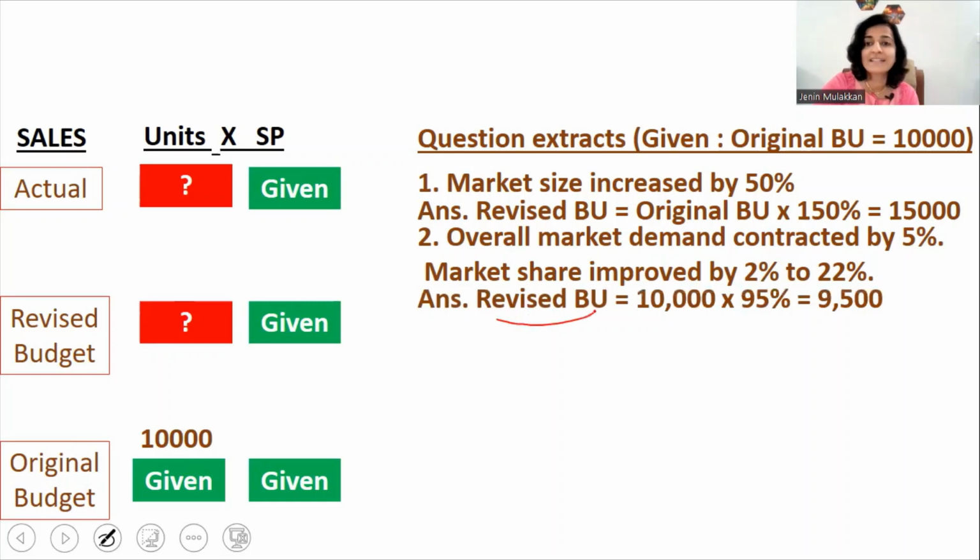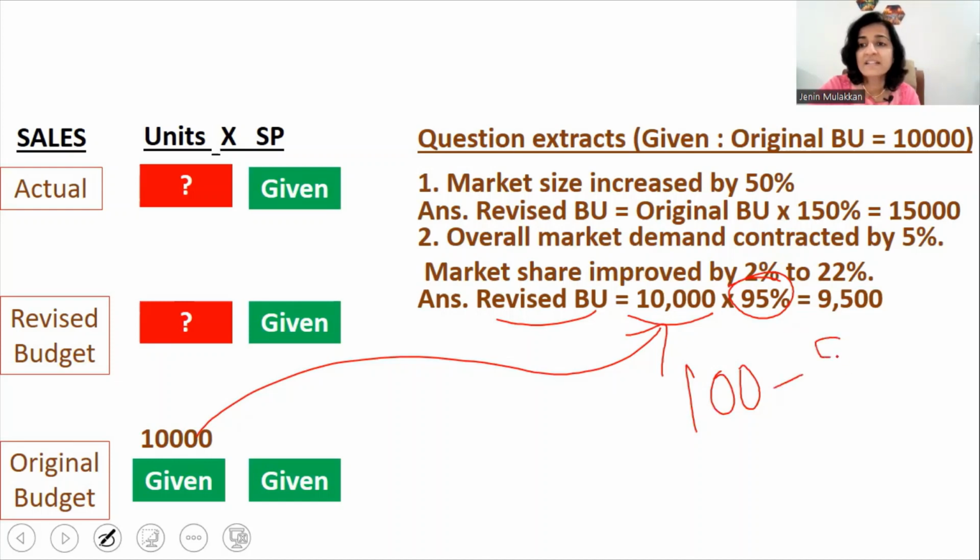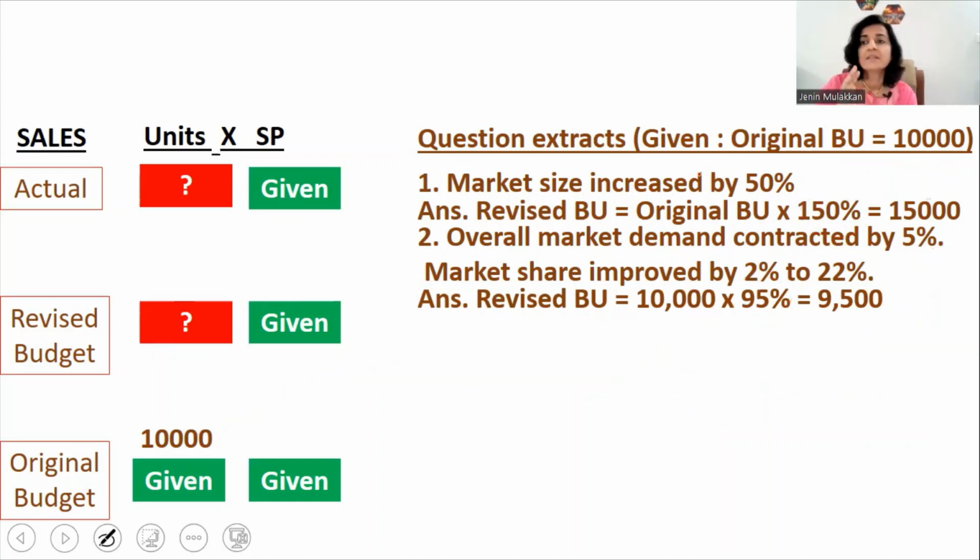Revised budgeted units is 10,000 units, that is the original budgeted units, multiplied by 95%. Why 95%? It is 100 minus the drop of 5%. Okay. In the earlier case, it was 100 plus the increase of 50%. So we get the revised budgeted units as 9,500 units.